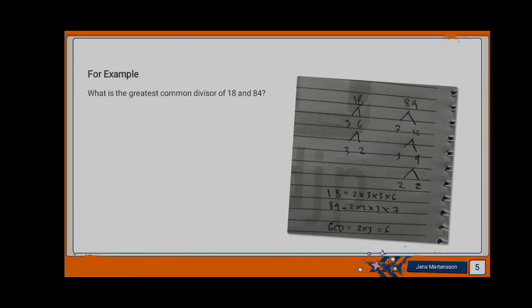So, 18 is 2 times 3 times 3, and 84 is 2 times 2 times 3 times 7. The GCD of 18 and 84 is 2 times 3, which is 6.